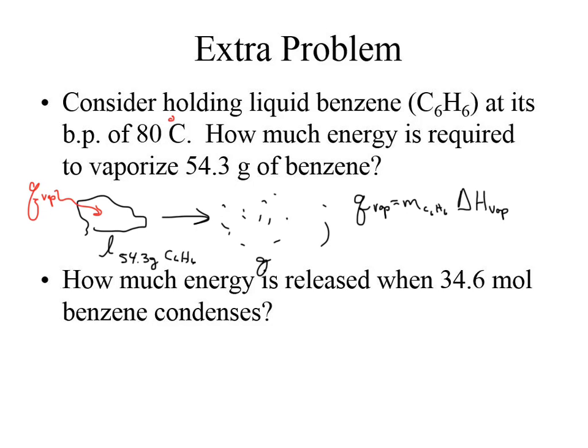And you have two choices on that table: the latent heat of vaporization in energy per gram and energy per mole, so we're going to go with energy per gram.